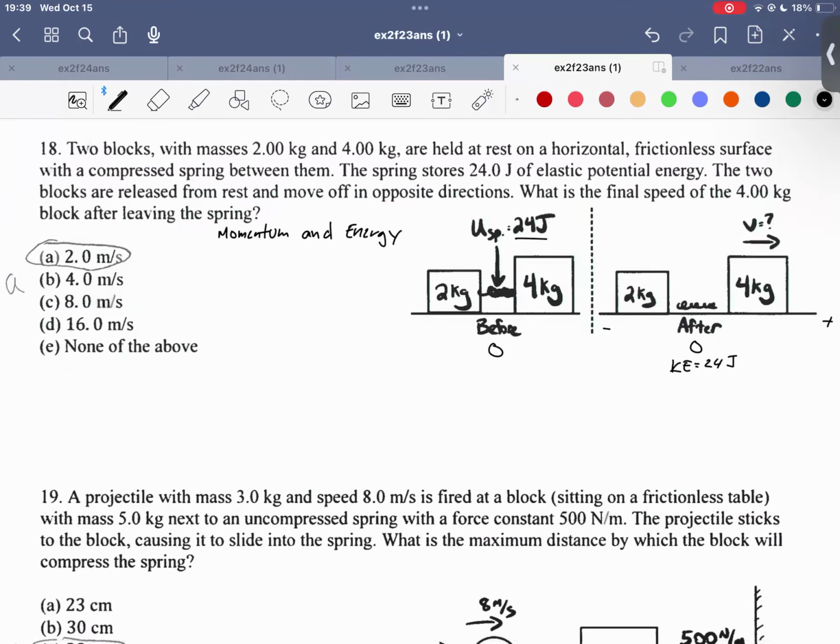We're told 24 joules, and since we have kinetic energy on this side, we're going to say 1/2 m1 v1 squared plus 1/2 m2 v2 squared. Let's call this block m1 and this other block m2.